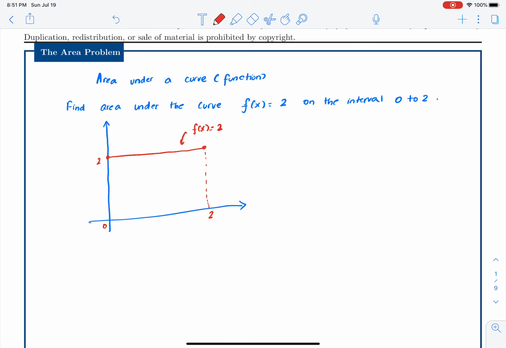Now, we want to find the area under that curve. It should be quite obvious now just by looking at it. So the area would be all of that.